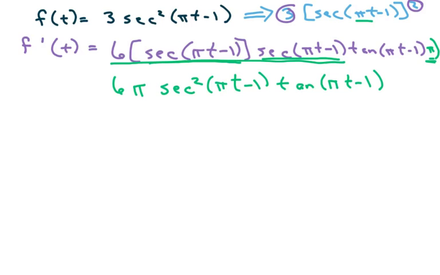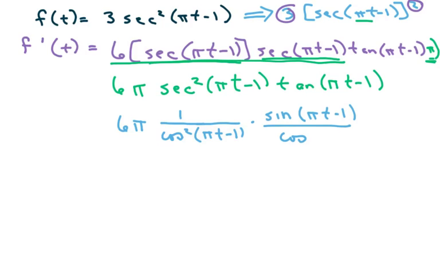Alright. Now if you want to rewrite this in terms of sine and cosine, we can do that. So this would be 6 pi times 1 over cosine squared of pi t minus 1. And tan is going to be sine of pi t minus 1 over cosine of pi t minus 1.